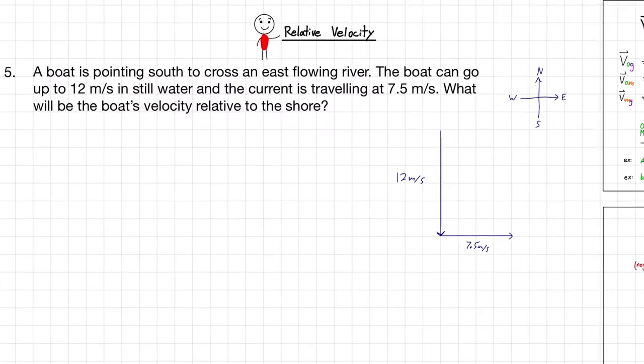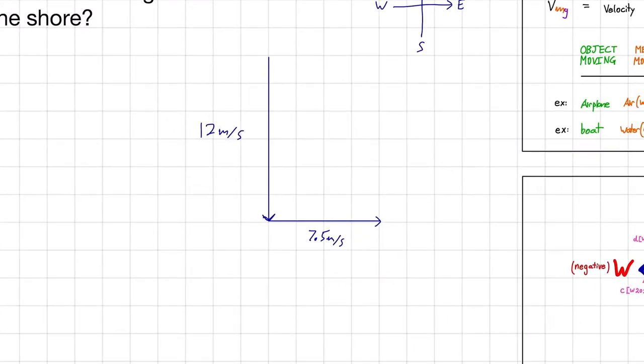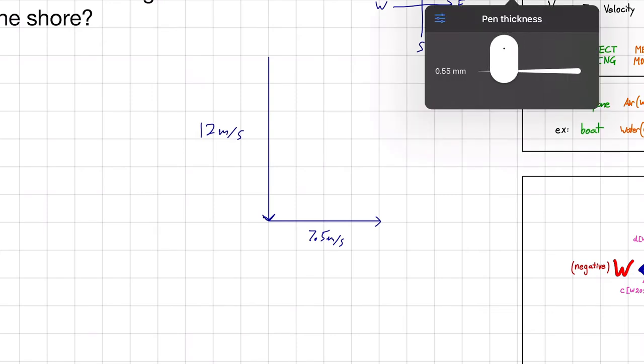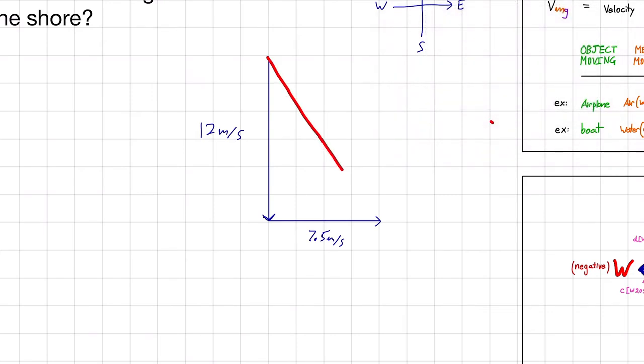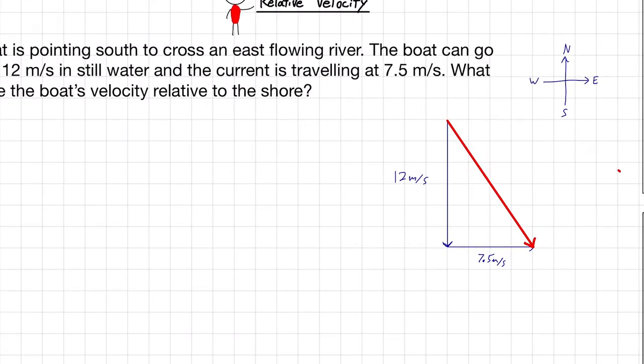And we want to know what will be the boat's velocity relative to the shore. So what we're going to be doing is adding these two vectors, and we're going to be getting some resultant that shows the velocity of the boat in addition to the velocity of the water to come up with a total velocity of the boat.